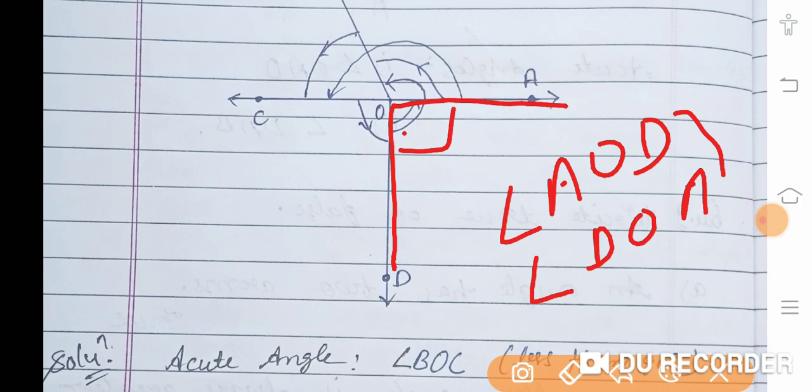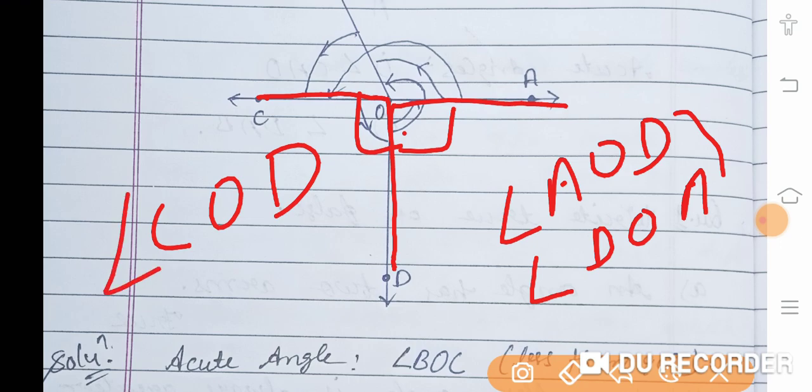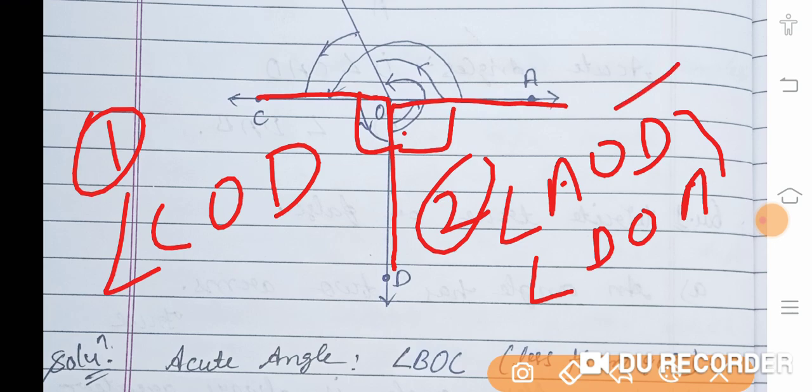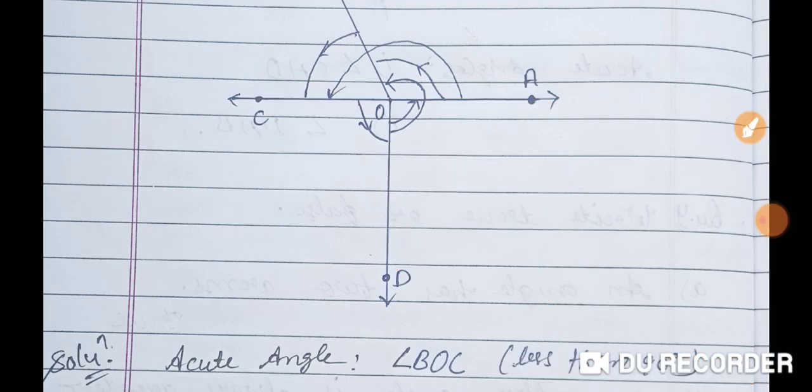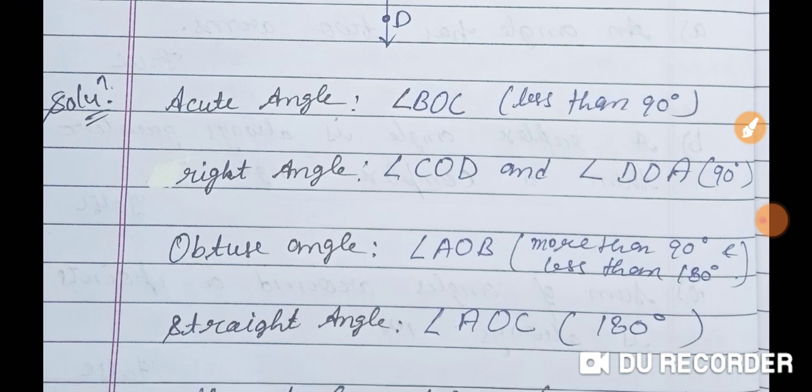Similarly here COD, another 90 degree angle. So two different angles are possible for the right angle. Either you may write angle COD, or you may write angle AOD, that is the right angle.